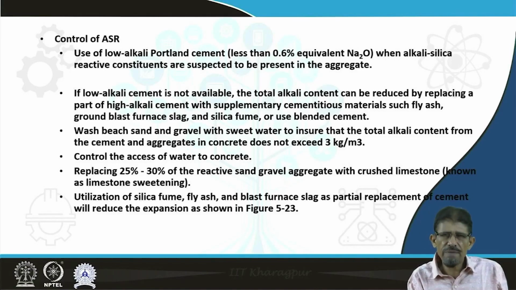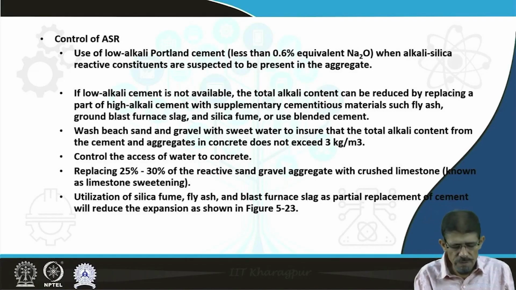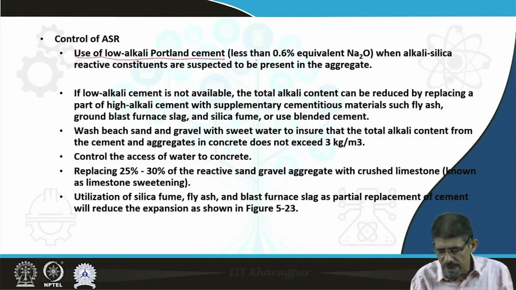Then we are going to either block the availability of moisture or reduce the alkali. Therefore, the use of low alkali Portland cement, less than 0.6% equivalent Na2O, is recommended for such suspected aggregate use.